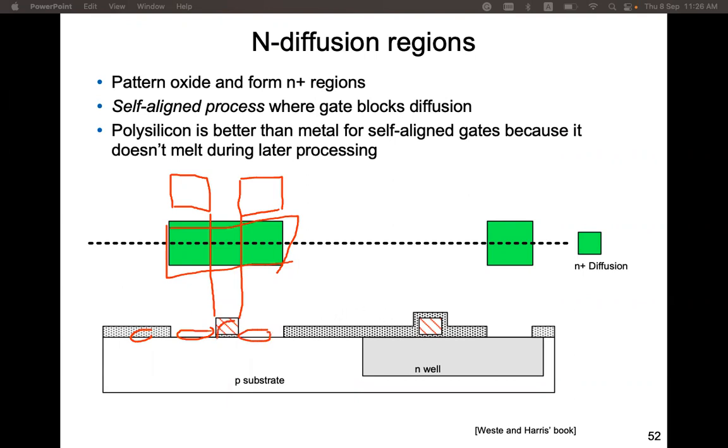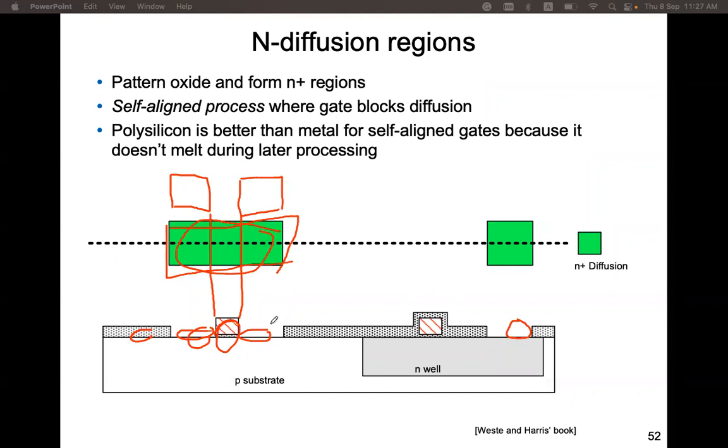But this region here is protected by the gate material, the polysilicon gate. This polysilicon gate can also serve as a blocking layer for the implantation. Although we have one single region here, actually we have two separate openings. It is automatically aligned to the gate.